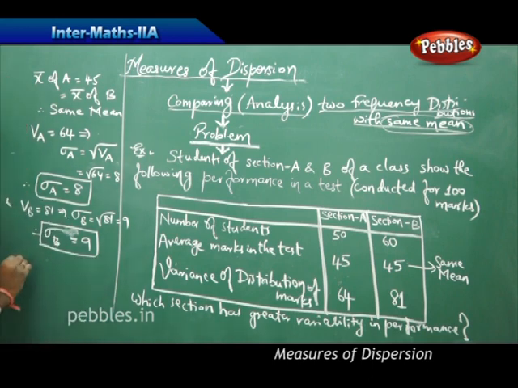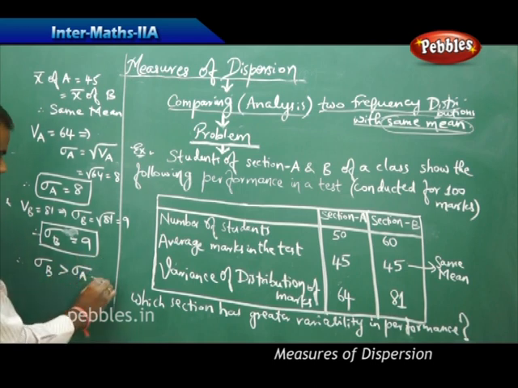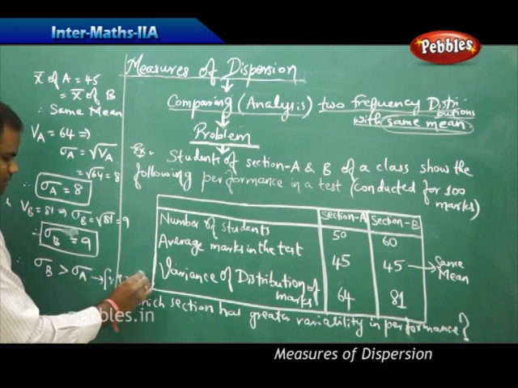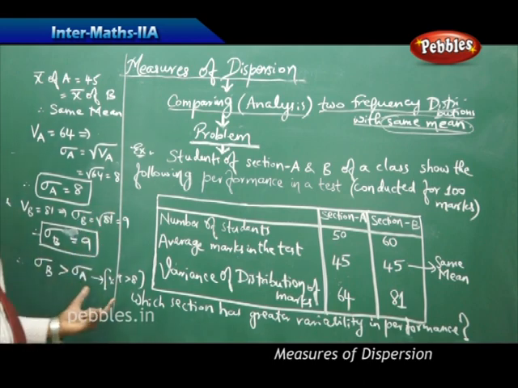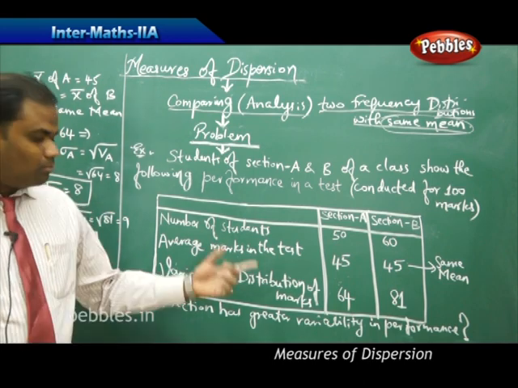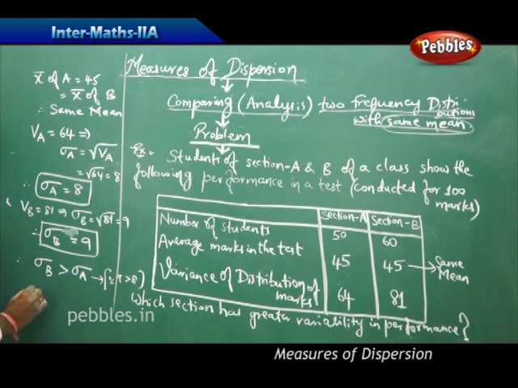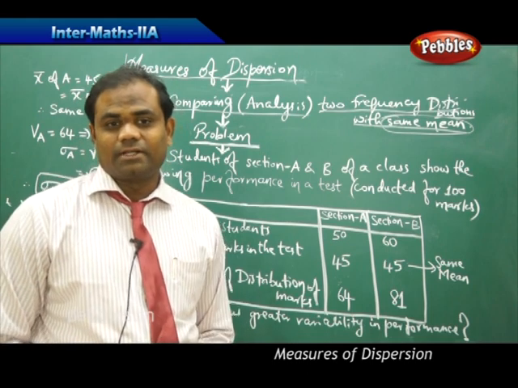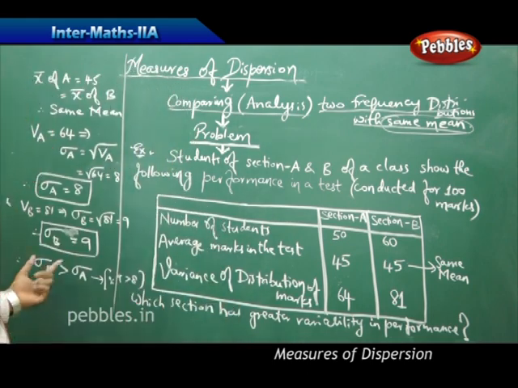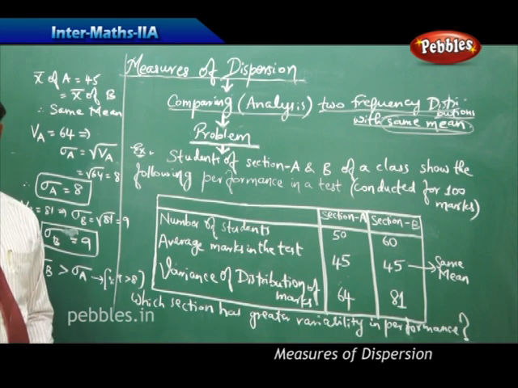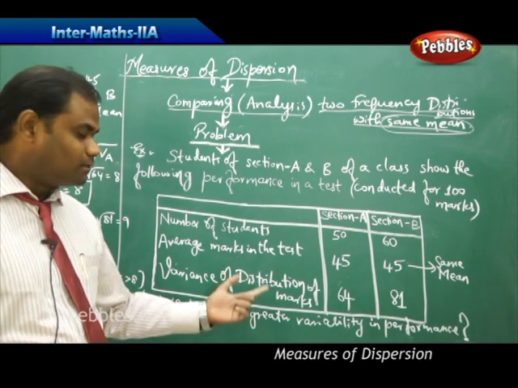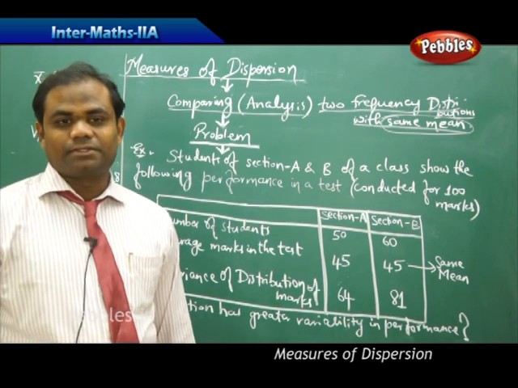Now, therefore, clearly standard deviation of B is greater than standard deviation of A, as can be seen since 9 is greater than 8. Therefore, the class with greater standard deviation will have more variability, is how we understand. Therefore, let's try to understand the question which says which section has greater variability in performance is strictly based on deciding on the value of standard deviation. Therefore, greater the value of standard deviation, greater will be the variability of that section.